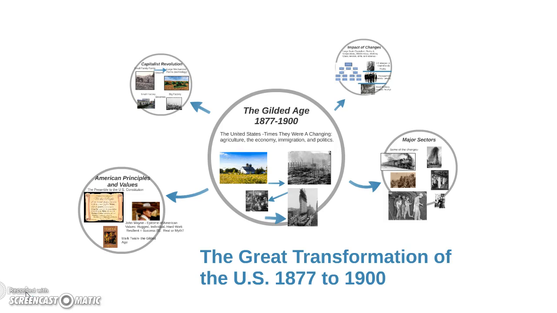So in addition to this idea of great progress and great wealth, we also find, however, that the period of 1877 to 1900 was a troubled time as well. It was a time of low wages. It was a time of poverty. It was a time of racism, overt racism towards African Americans and Native Americans.